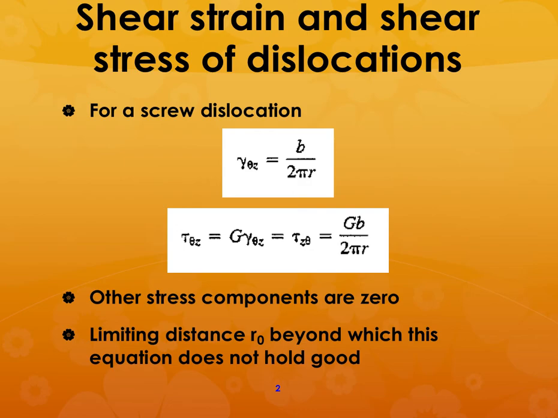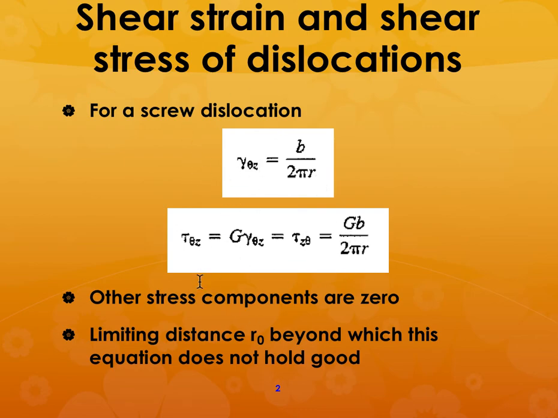I'm not going to derive these things, but for a screw dislocation, the shear strain, you can see that it is at an angle and at a distance in 3D space. So that is calculated to be equal to b, which is the Burgers vector of the dislocation, divided by 2 pi r, where r is the distance from the origin of the Cartesian coordinates that you are assuming.